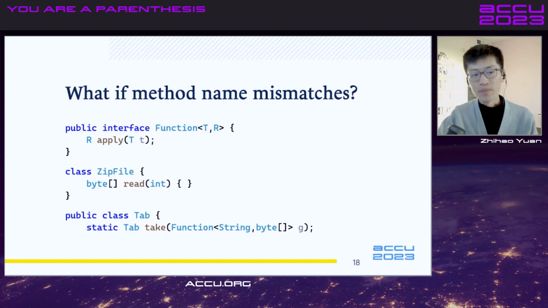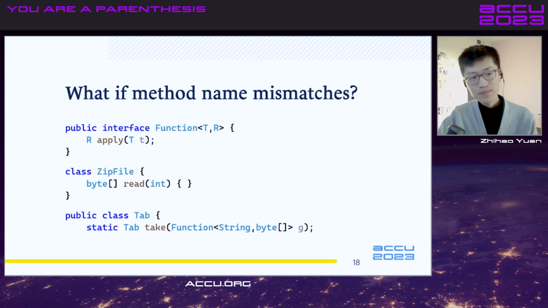The problem can be understood with our higher level function called take. It takes a single abstract method interface, but in that interface, its name is specified differently.